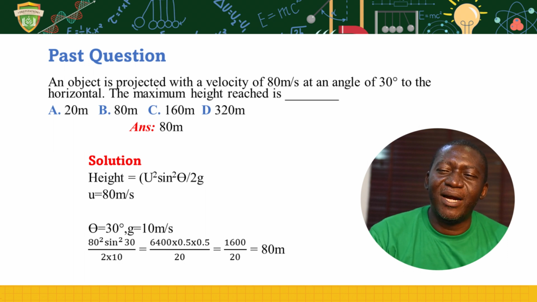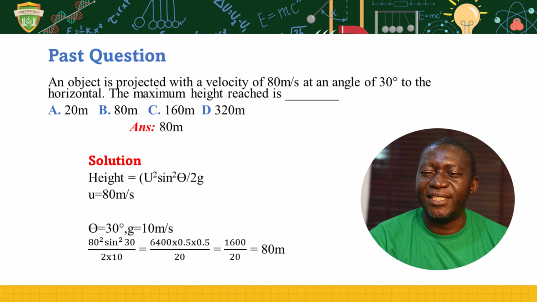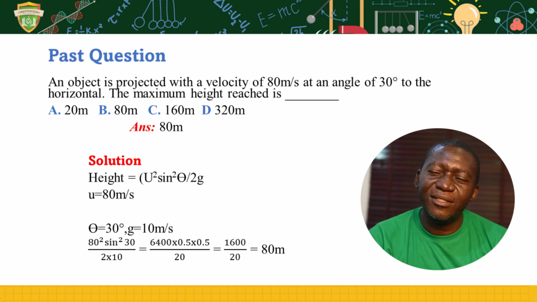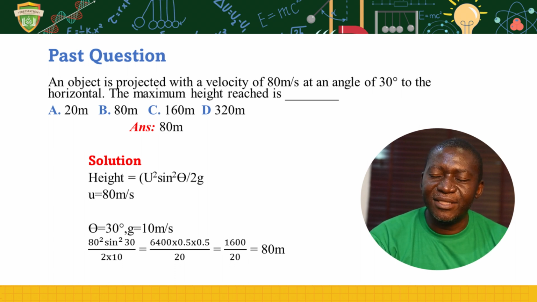Now let's bring out the parameters inside this question. We have our angle of projection at 30 degrees. Then we have g, which is acceleration due to gravity, 10 meters per second squared. And then we have u, which is our initial velocity, as 80 meters per second.